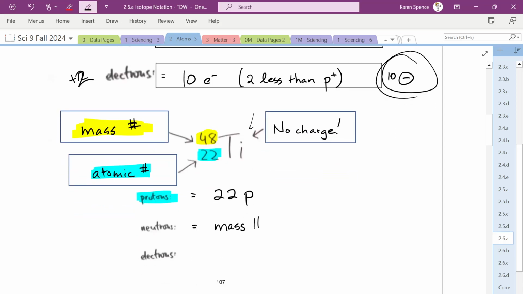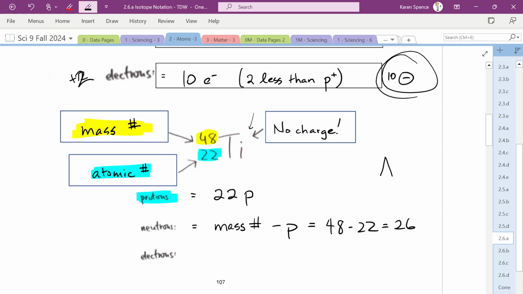Neutrons is the mass number minus the protons. So we have 48 minus 22, which gives us 48 minus 20 is 28, minus 2 is 26. And if there is no charge, is this an atom or an ion?